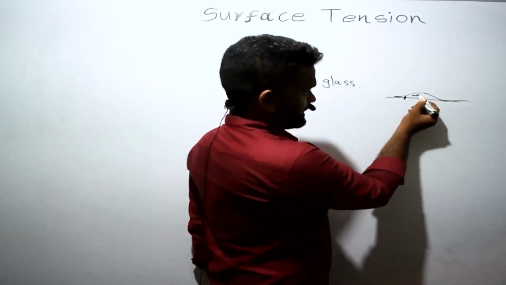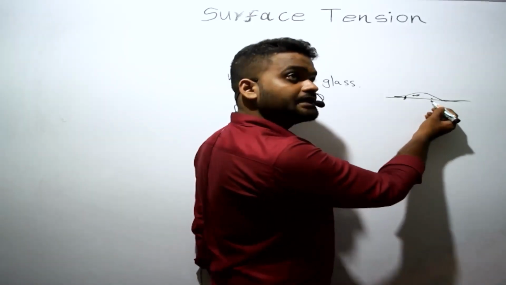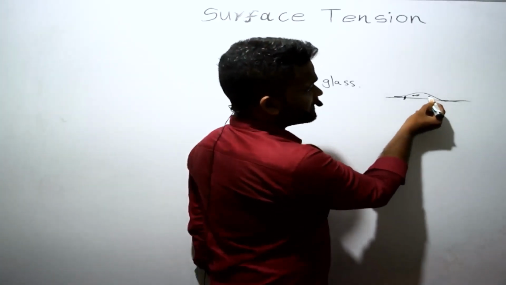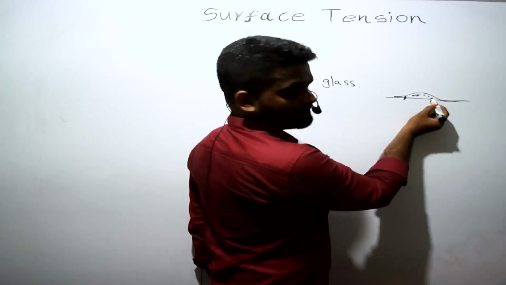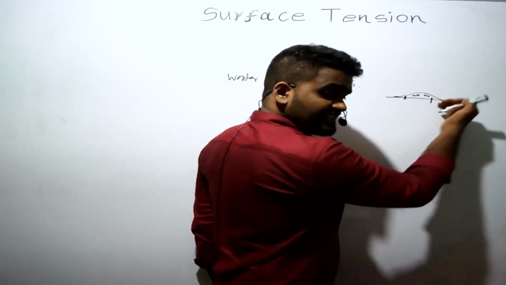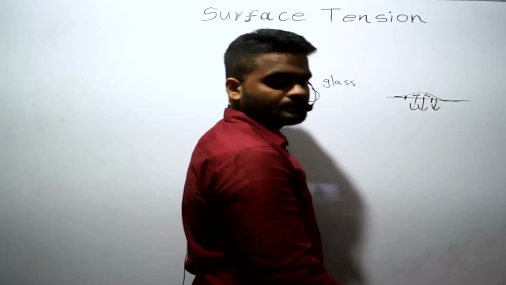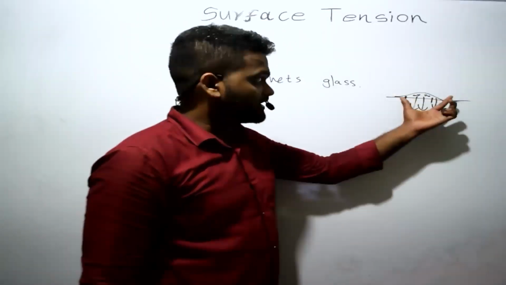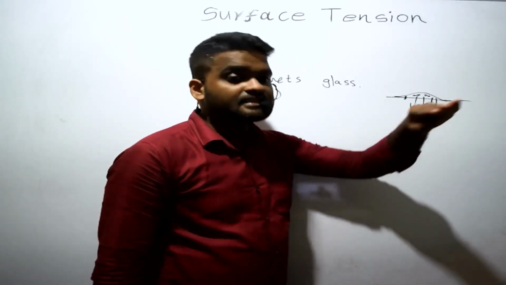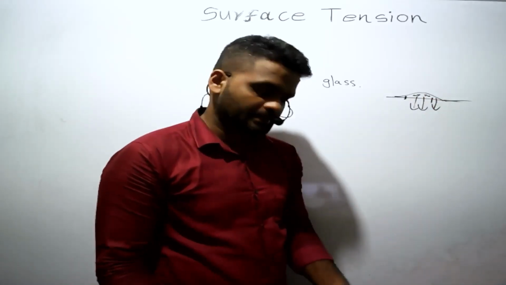Between a water particle and a glass particle, it is an adhesive force. This force is higher compared to the force between water particles. So what happens? Glass attracts water. That's why we say water wets glass. Later, read that sentence again and you will understand better, right?